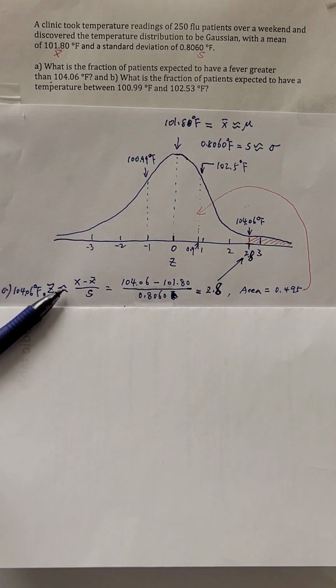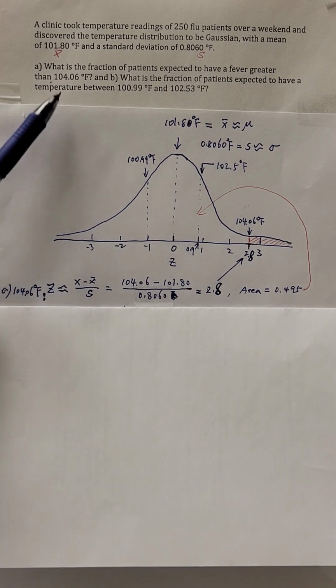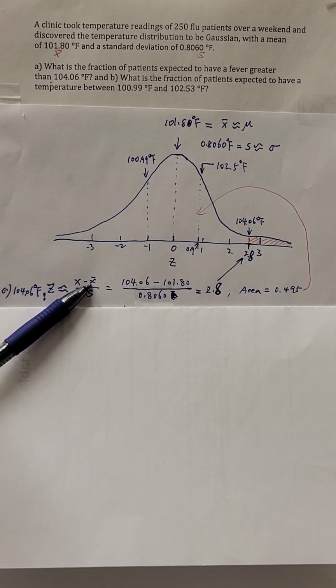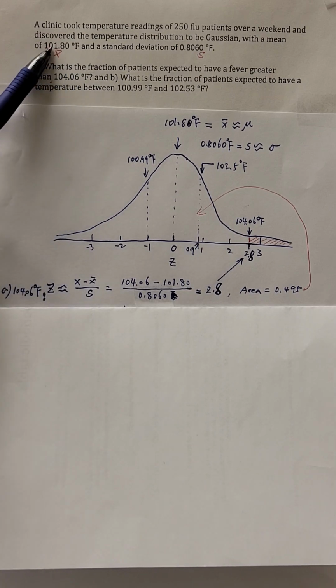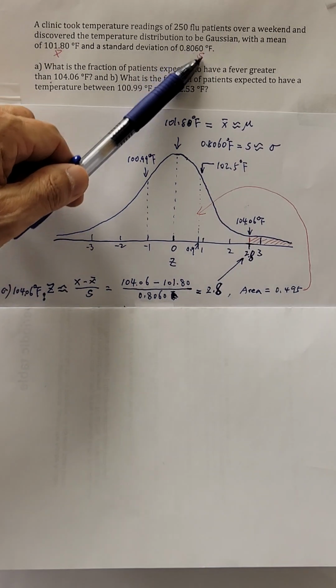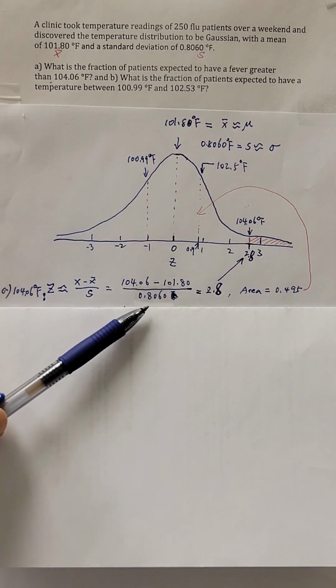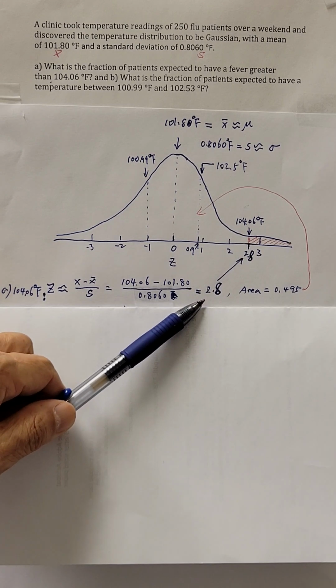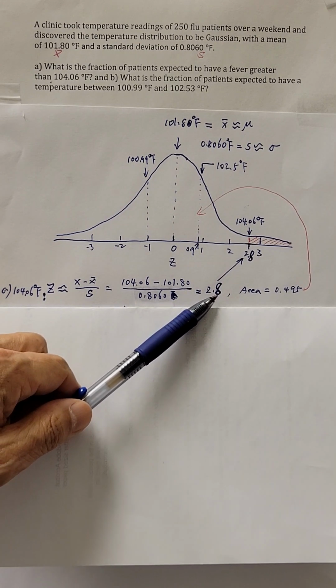Z can be approximated using the measurement X, which is 104.06, subtracted by the mean value, 101.8, divided by the standard deviation, which is 0.806. And now the Z value is 2.8.